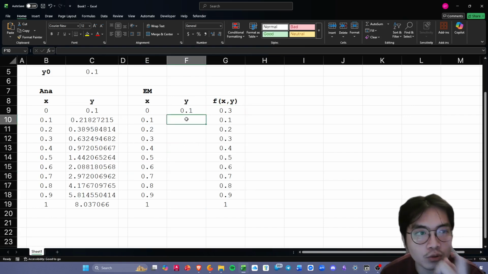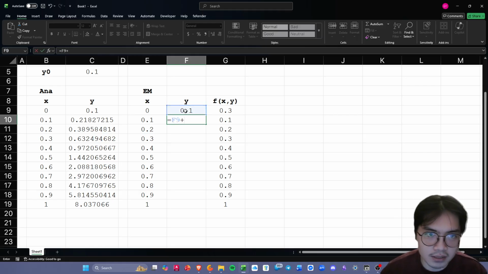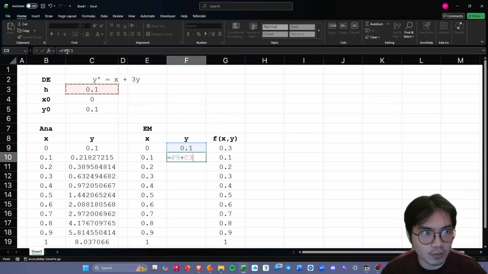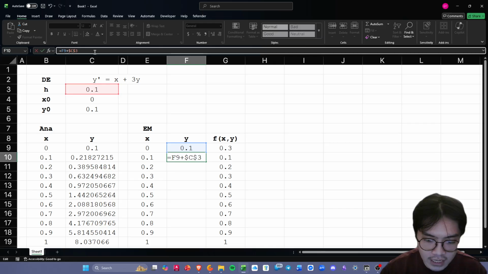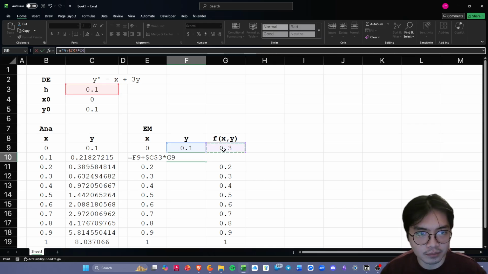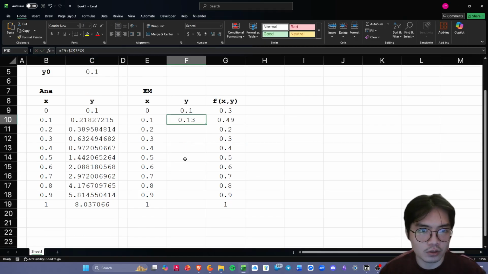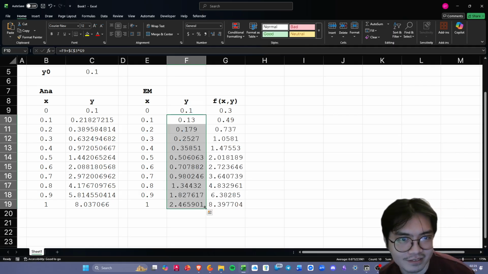What we will do now for y is update it like this: y plus h, and again we will lock that value so it doesn't move when we drag it down, times this value right here. There you go. So now you will see how it's going to be just a little bit different.